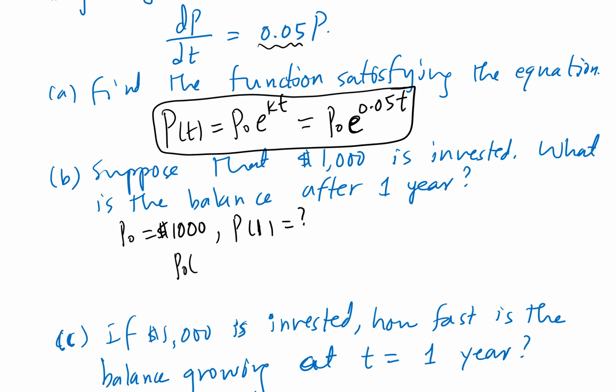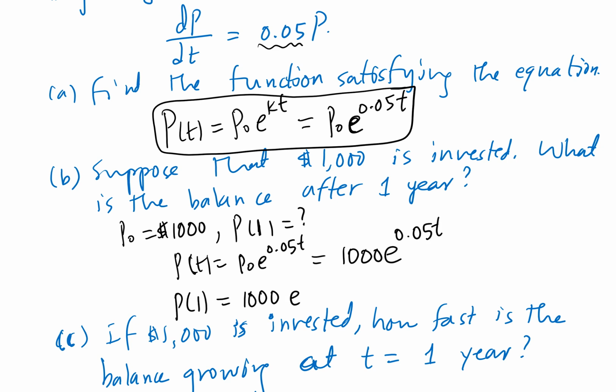From the previous part, we found P of t is P0 e to the 0.05 t. P of 0 is 1,000, so P of t is 1,000 e to the 0.05 t. We need to find P of 1. P of 1 is 1,000 e to the 0.05 times 1. All I did here was substitute the t with the 1.